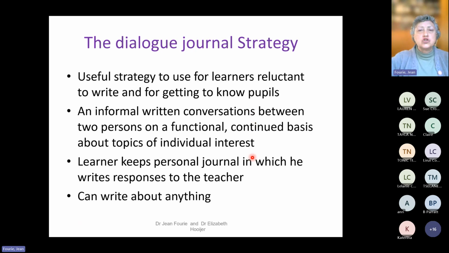The dialogue journal is a useful strategy for informal conversations between the teacher and the child. And so this is done on an individual basis. What you do is you get a very small little booklet, and it's a personal journal.